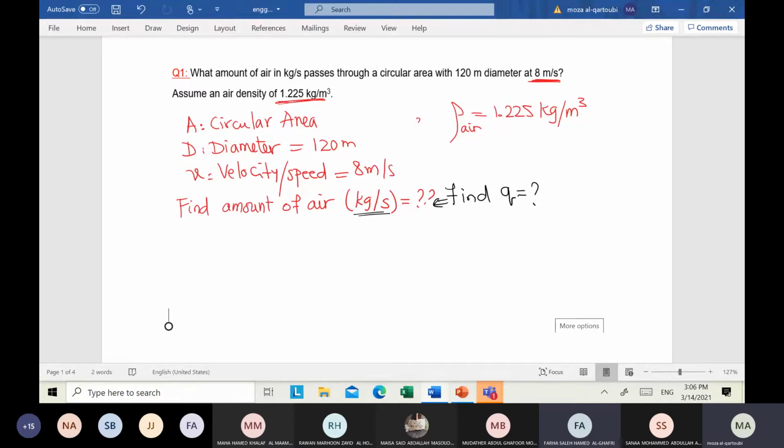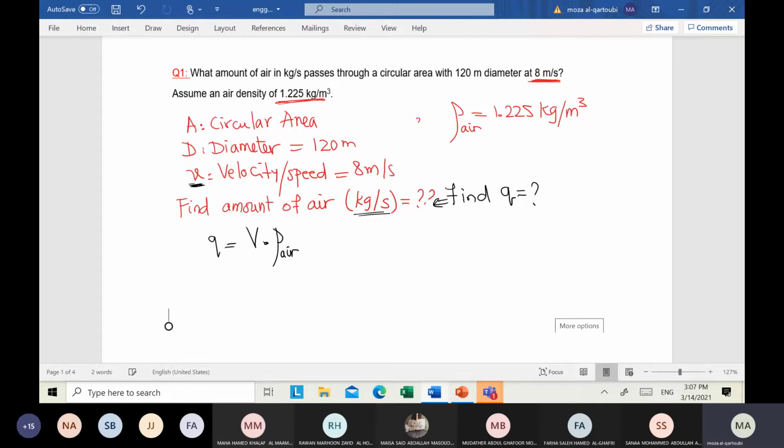Then Q should equal V times air density, where V here is not equal to V small.